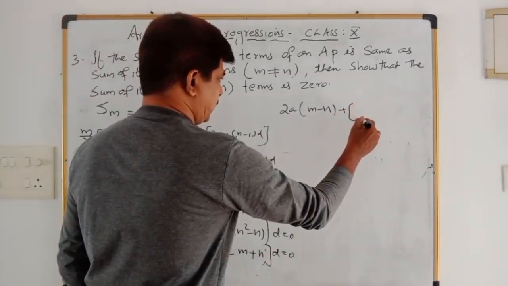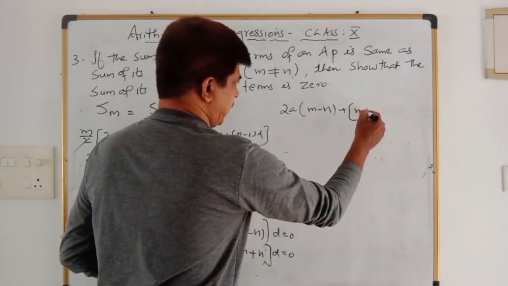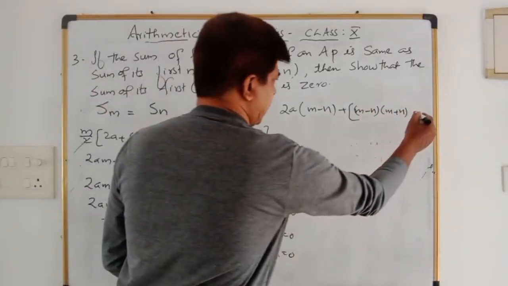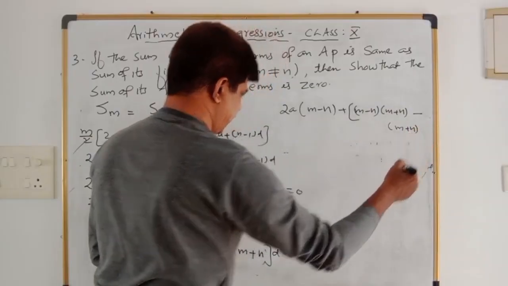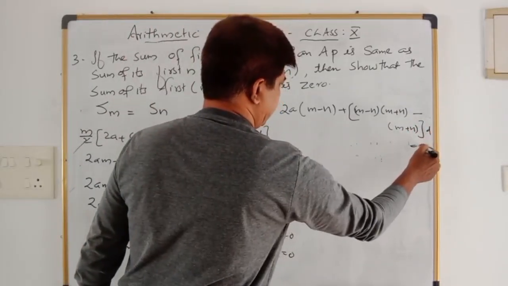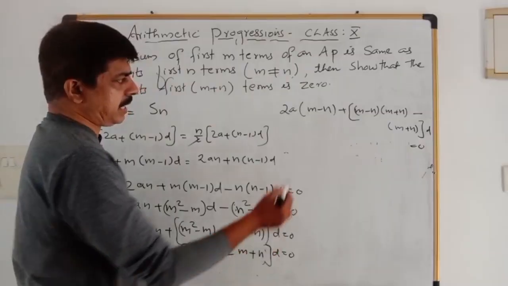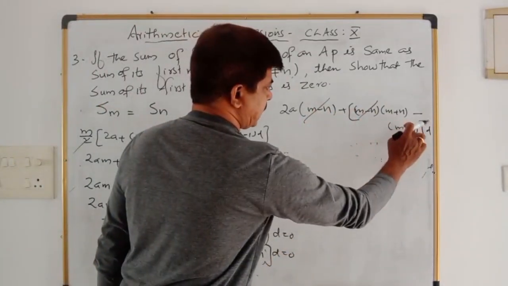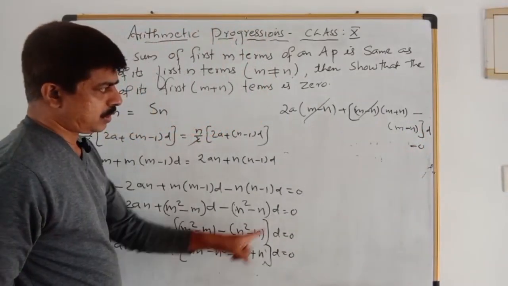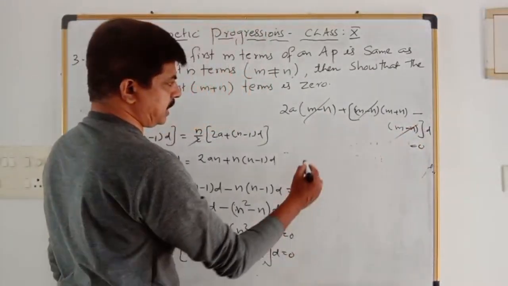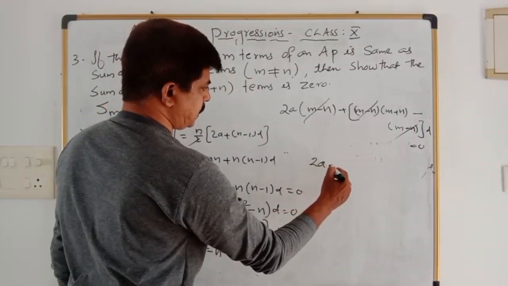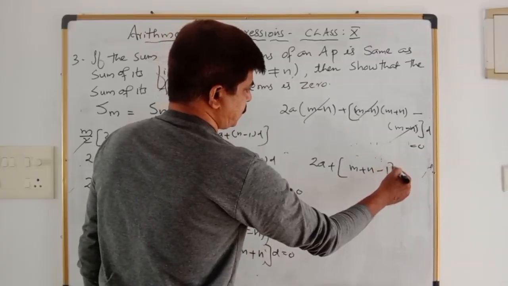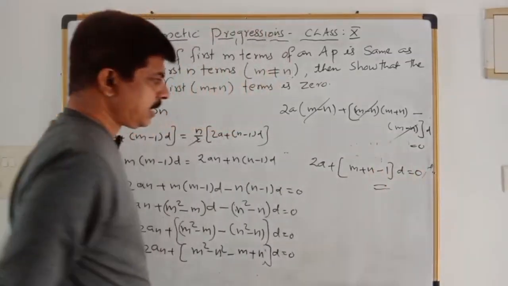Again in the bracket, m square minus n square can be written as (m minus n) into (m plus n), minus (m plus n) into d equal to 0. From each term, m minus n is cancelled, since we are taking minus common. So what is left is 2a plus (m plus n minus 1) into d equal to 0.